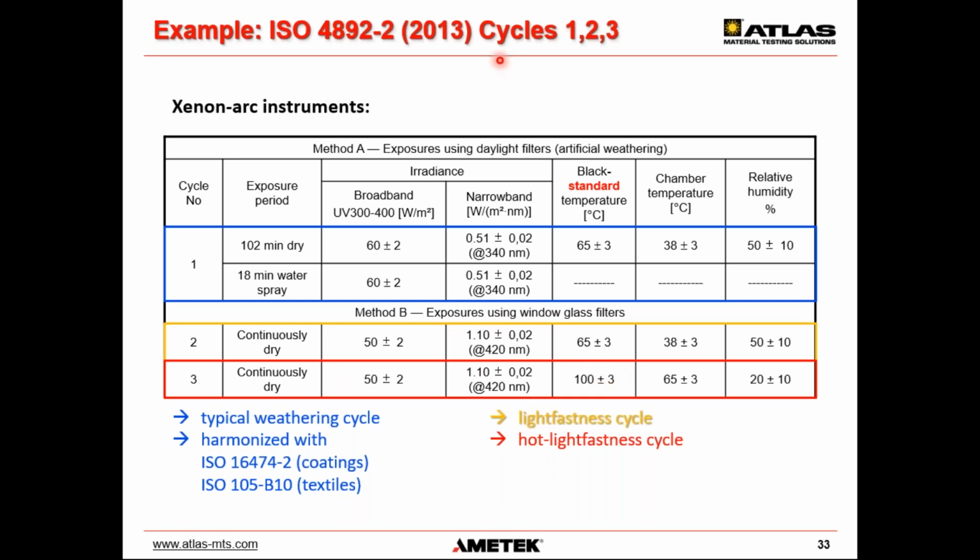One thing I want to stress to you is that cycles number 1, 2, and 3 specify black standard, but similarly, there are other cycles for black panel control in 4892-2. These are just typical cycles which are used in industry, and these cycles are harmonized with ISO 16474-2 for coatings, as well as ISO 105-B10 for textiles.